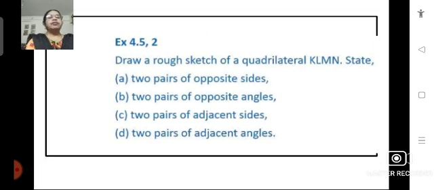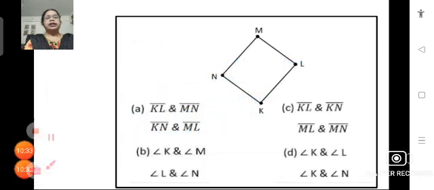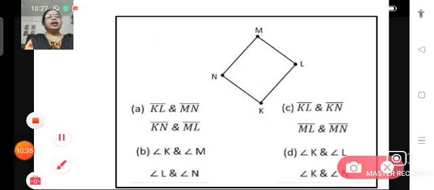Next question, draw a rough sketch of a quadrilateral KLMN. State two pairs of opposite sides, two pairs of opposite angles, two pairs of adjacent sides and two pairs of adjacent angles. So here we have a quadrilateral KLMN.